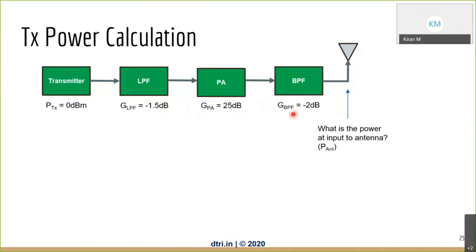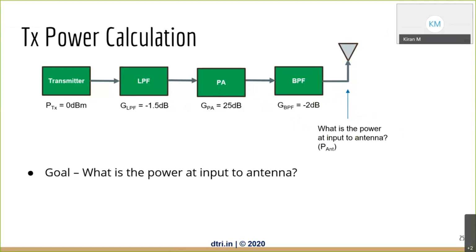So what is the calculation that I have to do? I have to calculate the power at the input to this antenna. If I calculate that power, I have to see if that power meets the requirement so that it can be transmitted over the air. This is the goal: what is the power at the input to the antenna?